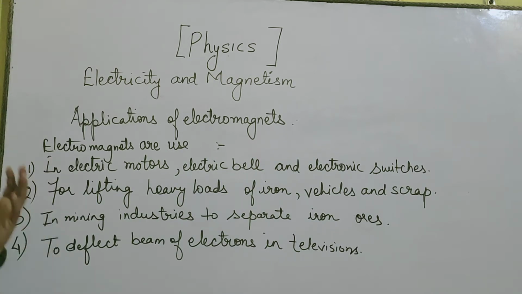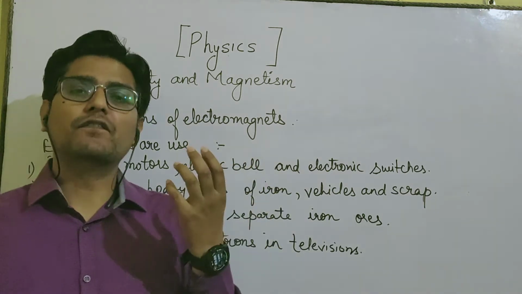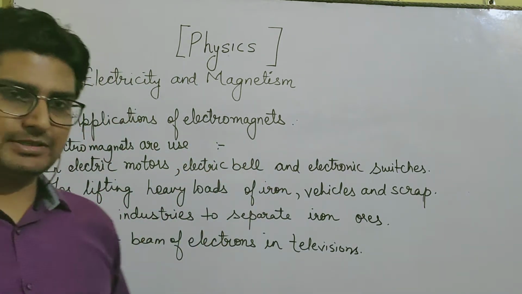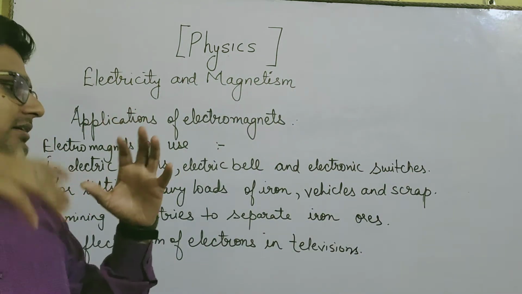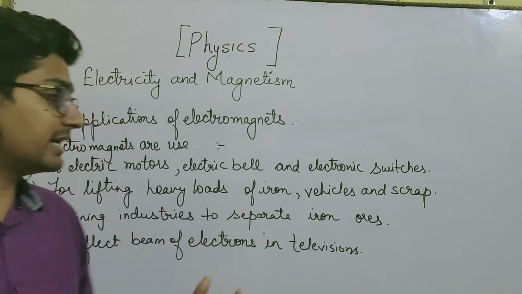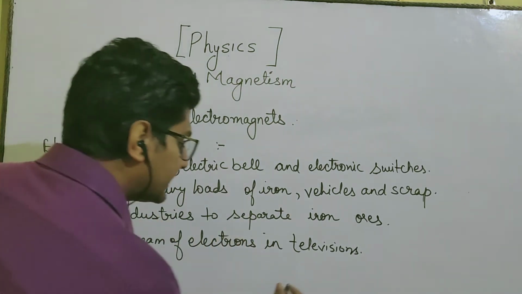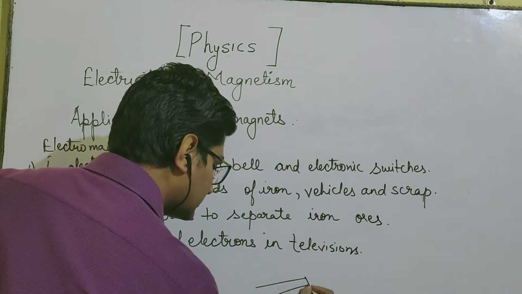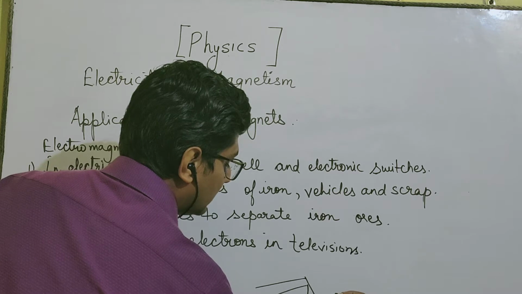Now after that, it is also used for lifting heavy loads of iron, vehicles and scraps. If any big iron girders are there, any scraps made up of iron, or a vehicle made up of iron, what happens? Suppose they have one crane, and in that crane they have a large electromagnet.